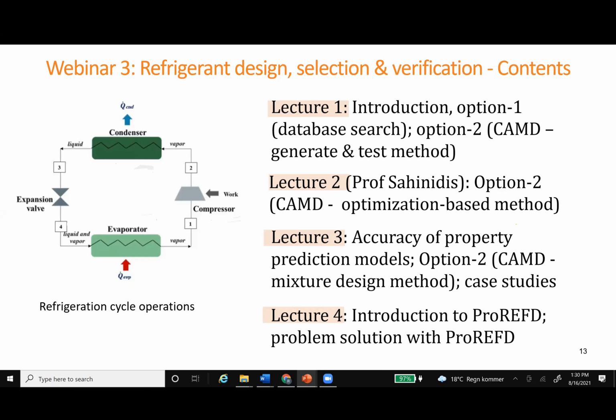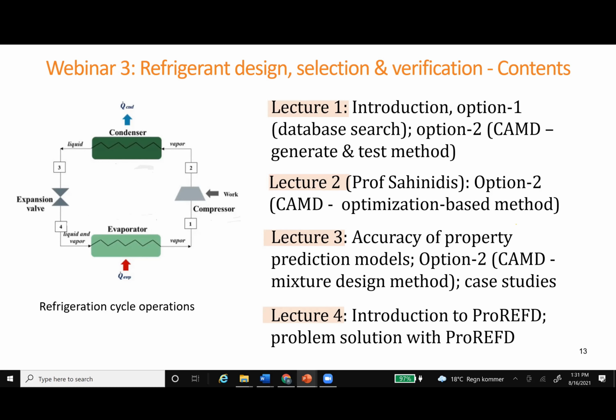The same problem, Professor Shainidis will talk about, that he can solve it by formulating and solving an optimization problem. He's an expert in optimization. He has shown how the CMD problem can be formulated as an optimization problem and then can be solved through optimization using all the data and the models that are available now.